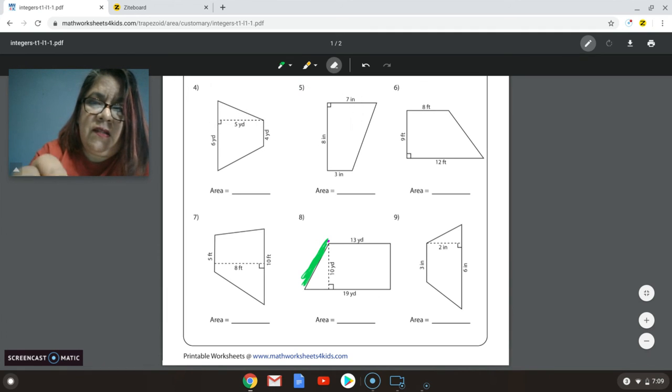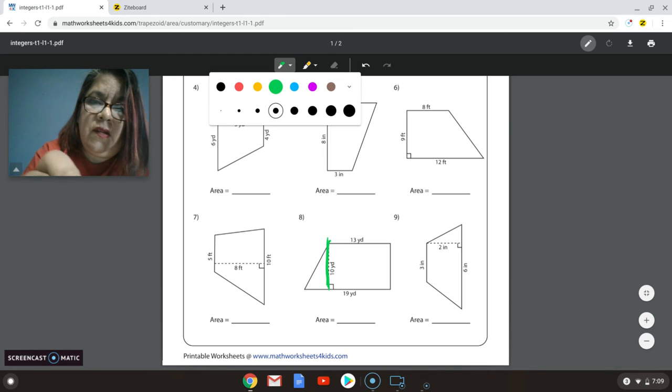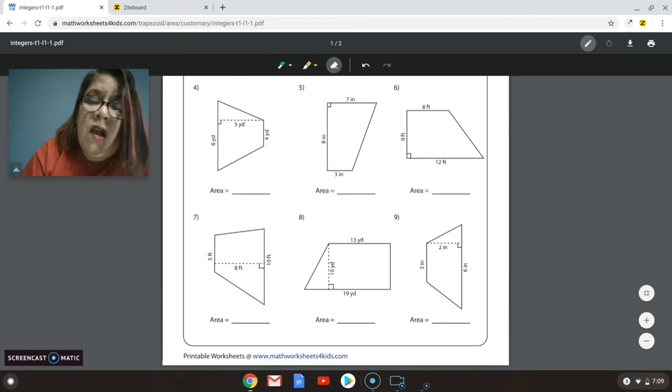Right. How do we determine height of a figure? Good job. What is the formula for area of a trapezoid again?